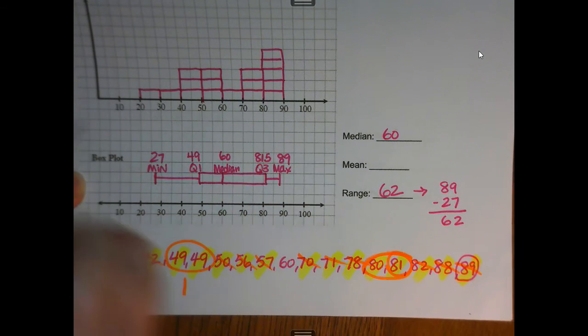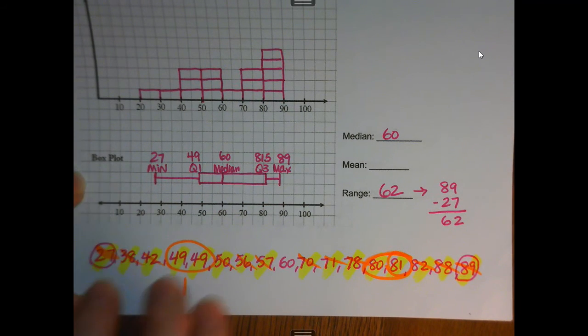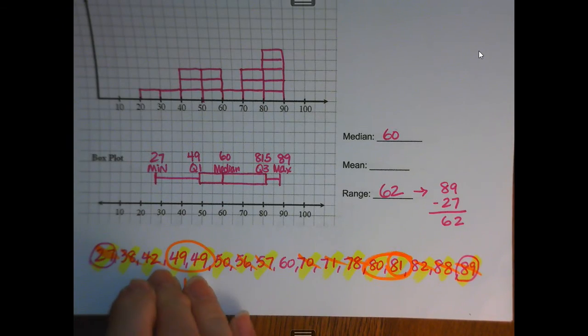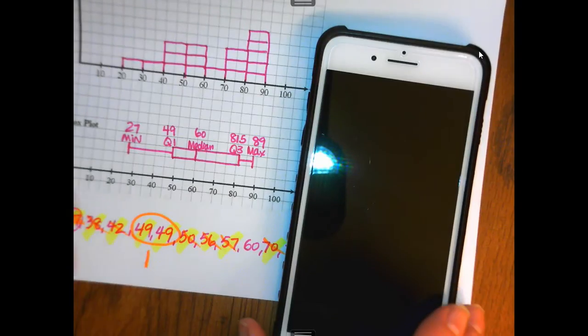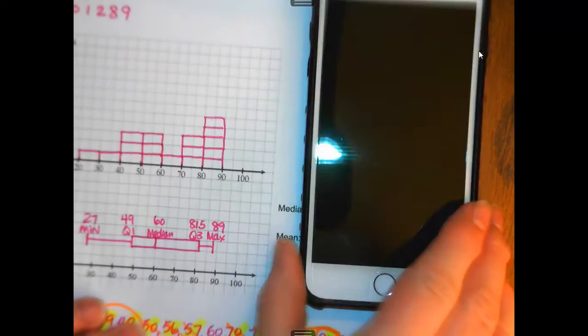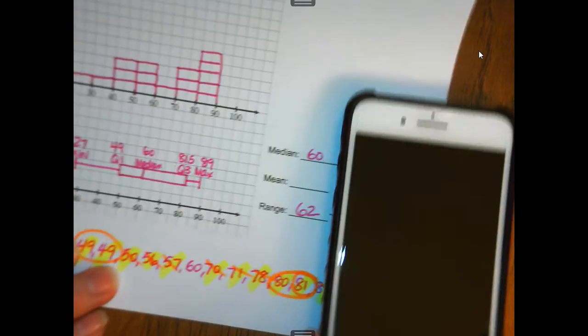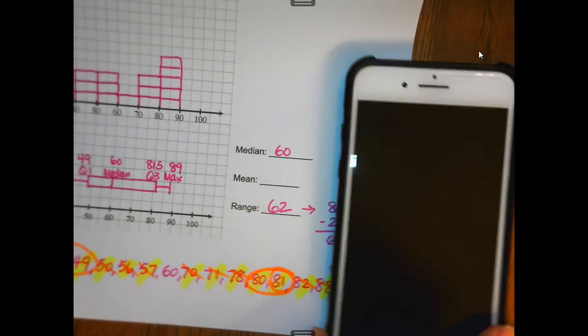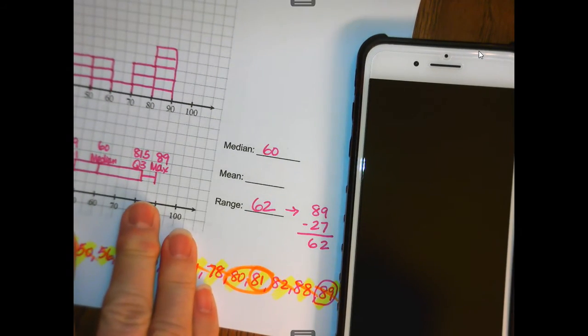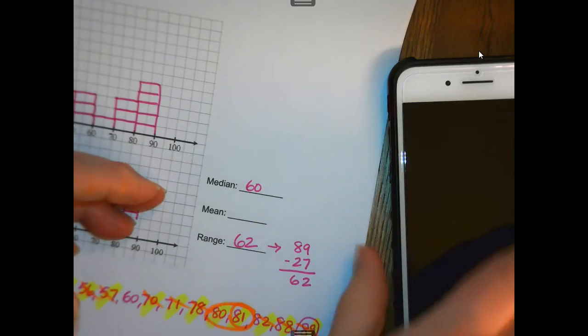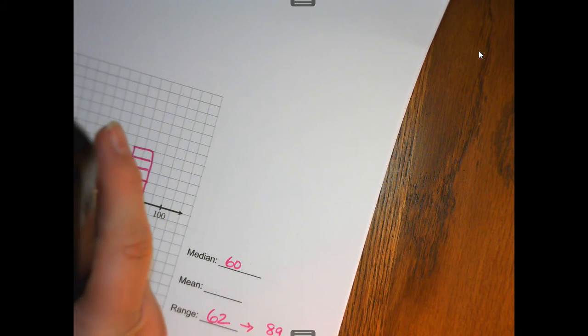Then we need to take a moment and get our calculator out because we need to find the mean. I'm going to put my calculator right here and see if we can set this up so you can see my calculator more than you can see anything else. There we go. All right, let's get this turned on and clear it out.